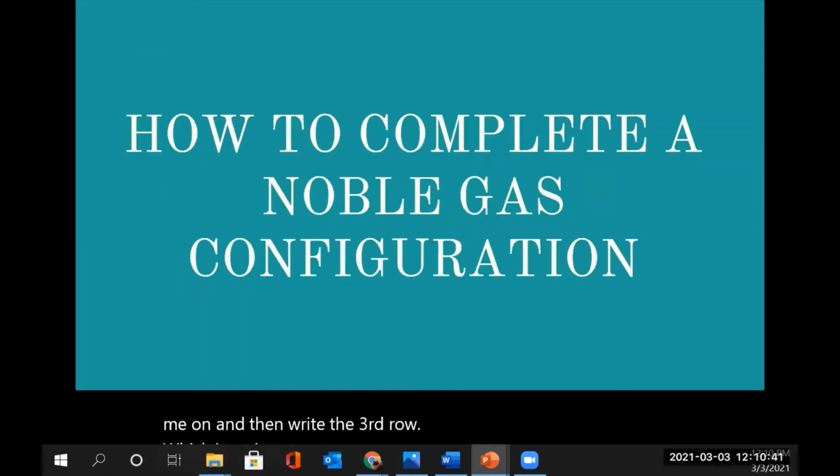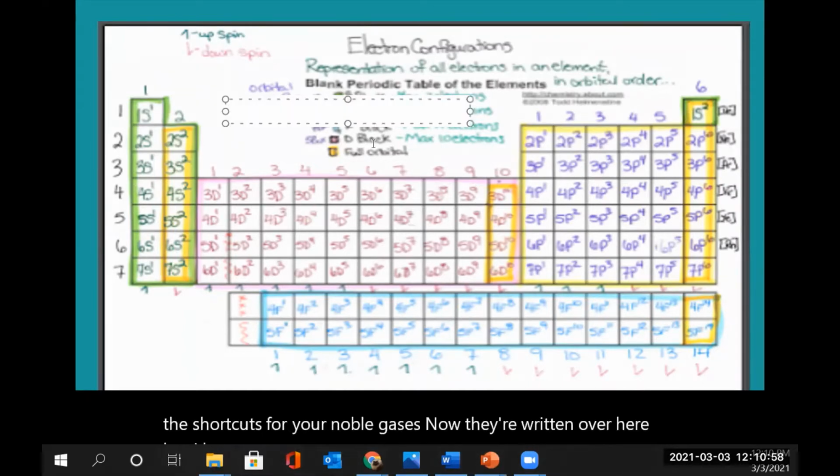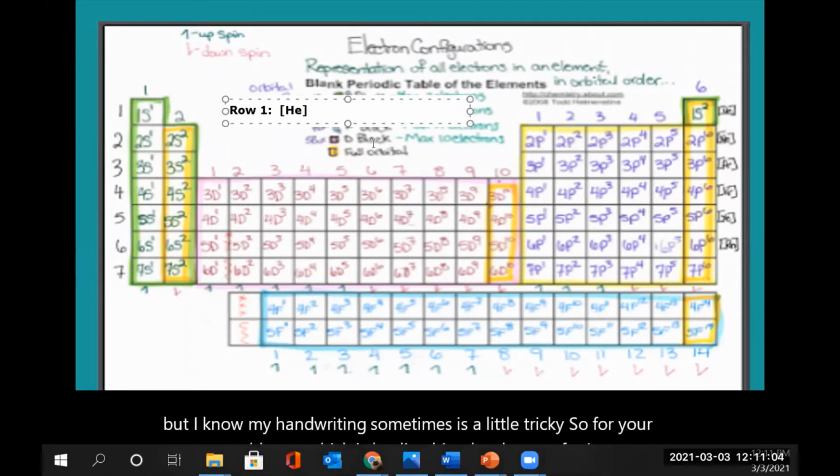So let's talk about how to complete a noble gas configuration. We're going to be using your periodic table or your electron configuration periodic table, and what you have to know are the shortcuts for your noble gases. They're written over here, but I know my handwriting sometimes is a little tricky. For your row 1 noble gas, helium, the shortcut is helium in brackets.